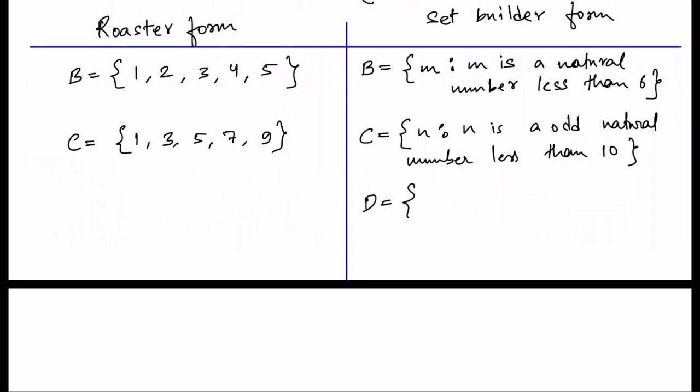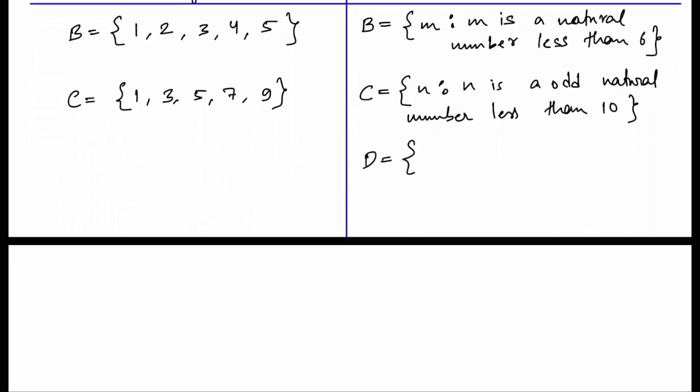Set D is x, an element of D, such that x is an integer. That means all the elements in D are integers. And x is less than 7 but greater than or equal to minus 3. So this is the set D.